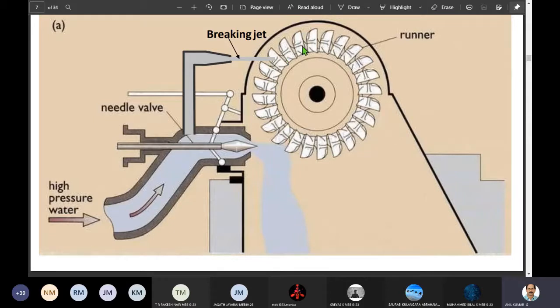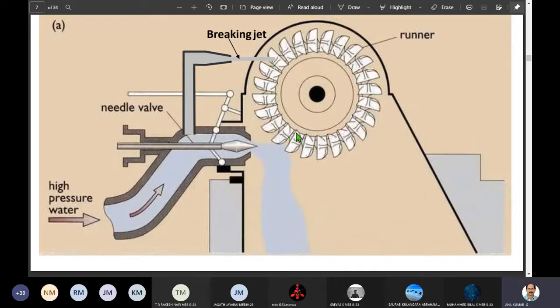Naturally, the turbine runner has a high moment of inertia, and once it starts rotating, it has the necessary momentum to keep on rotating. So even if the discharge is stopped, it will not come to rest all of a sudden. But the generator is coupled with the shaft.